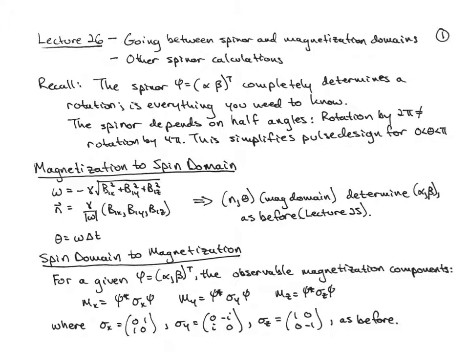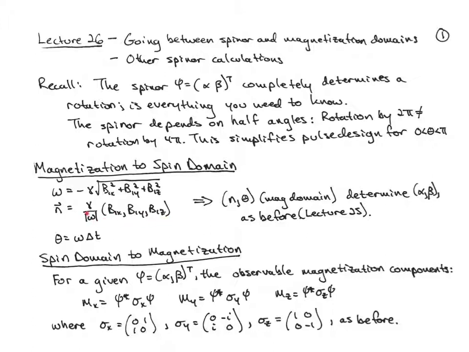We can convert from the magnetization domain, that is the three Cartesian coordinates, to the spin domain by calculating the rotation rate, omega, which is minus gamma times the length of the components of the RF magnetic field in the Cartesian domain, and the rotation axis n is equal to gamma over the magnitude of omega, so it's normalized here, times the three components of the magnetic field.